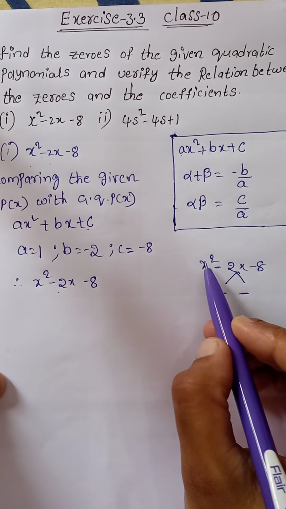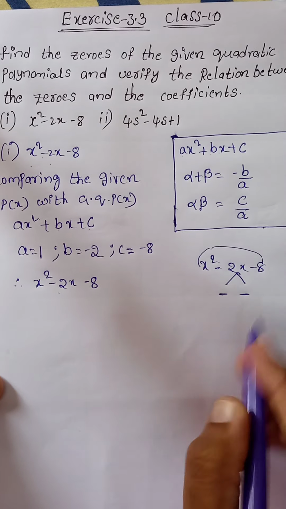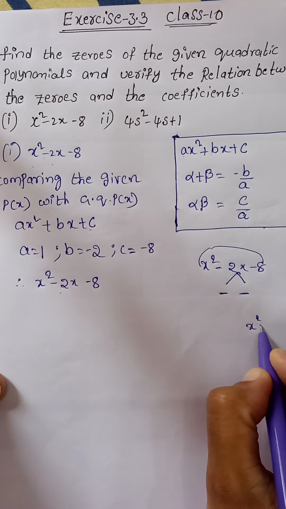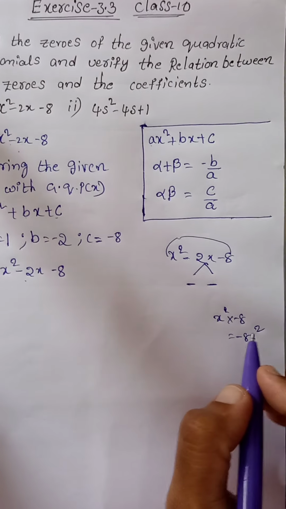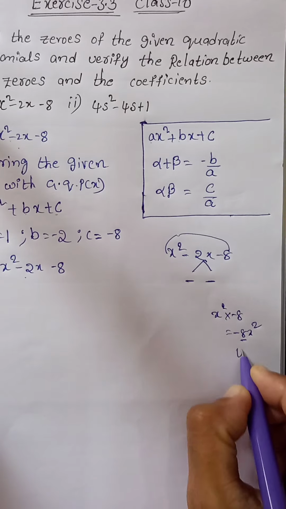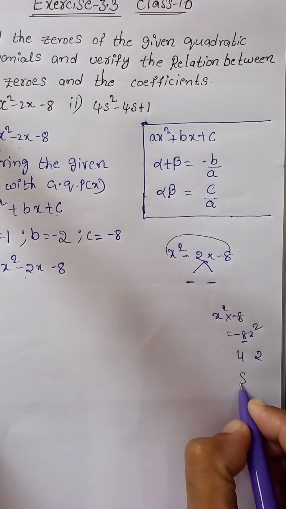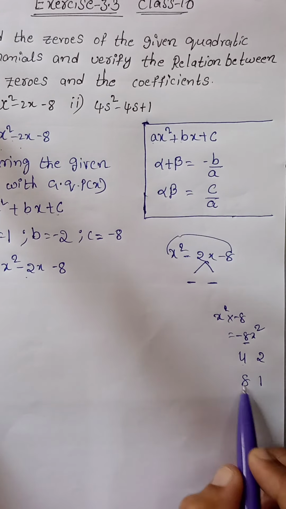We have to take the product of the coefficient of x square and minus 8. So x square into minus 8 equals minus 8x square. What are the factors of 8? 4 twos are 8 and 8 ones are also 8.